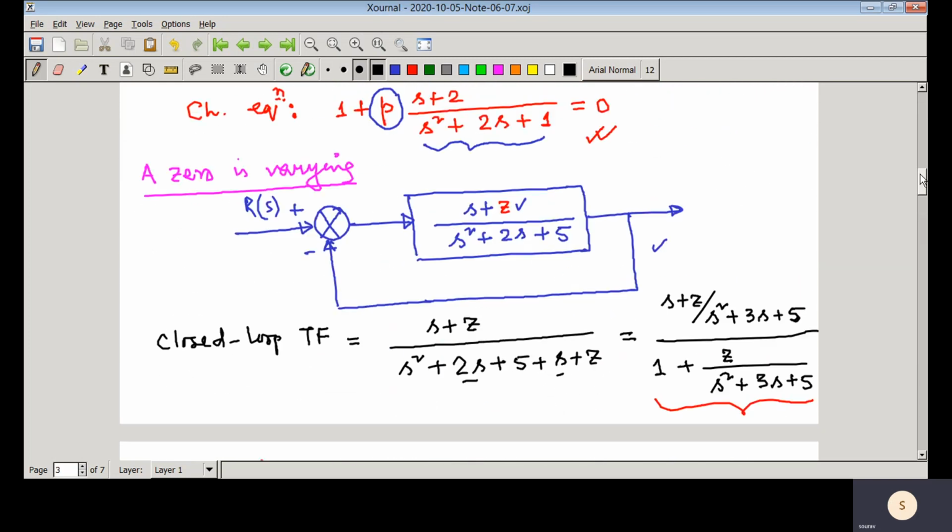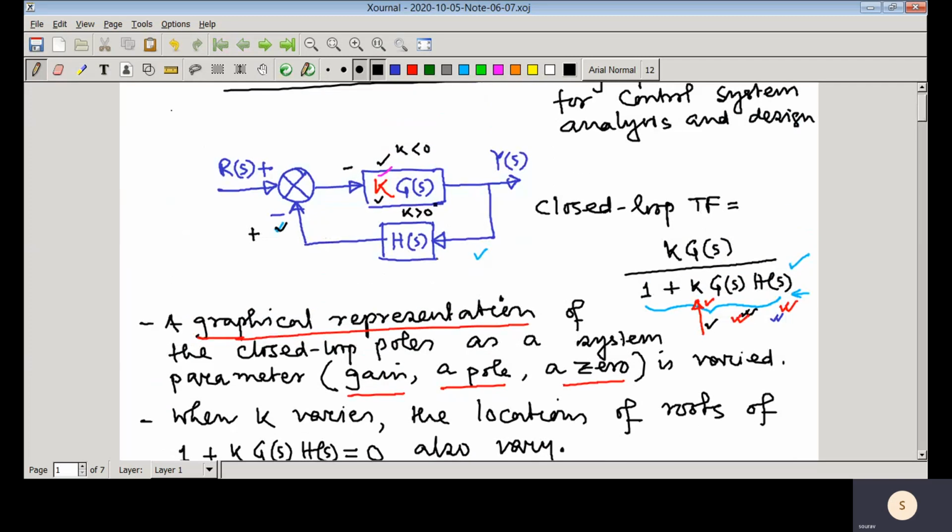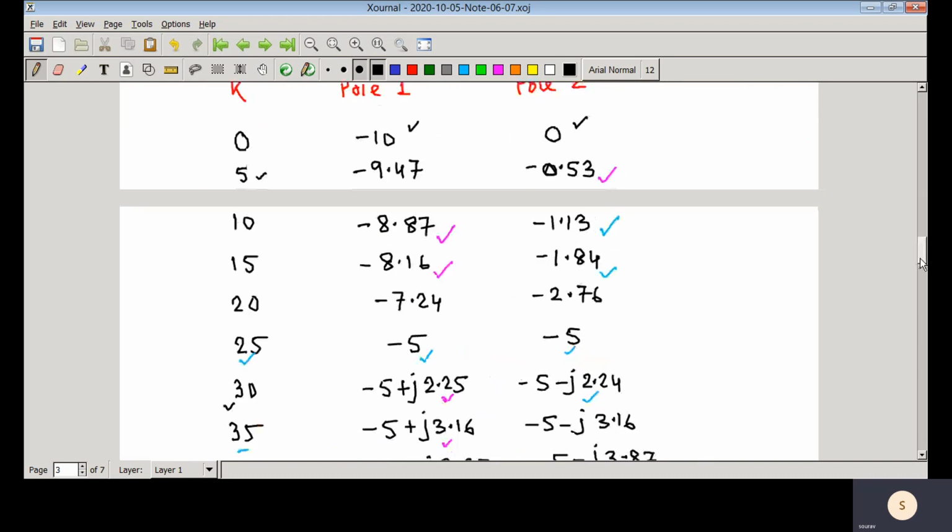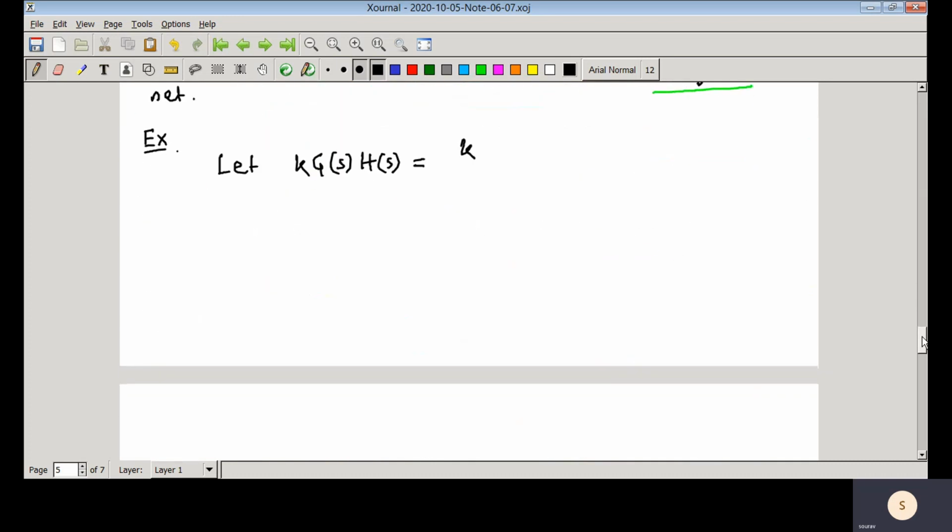Whenever K G(S)H(S) is given, it implies this is K G(S) and this is H(S). So the loop transfer function is given, that is K into (S plus 3)(S plus 4) by (S plus 1)(S plus 2).